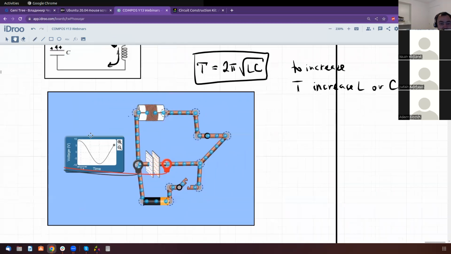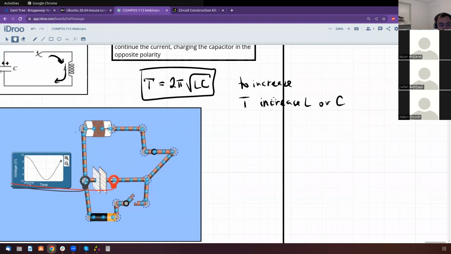This will increase T. Frequency is, of course, 1 over T, so it's 1 over 2 pi square root LC.